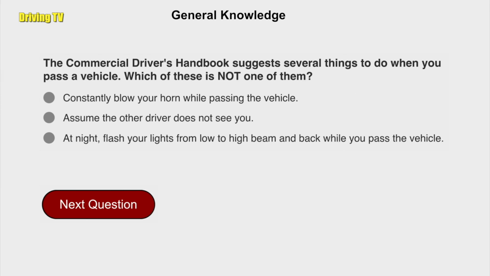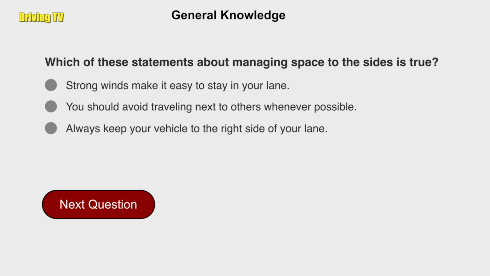The Commercial Driver's Handbook suggests several things to do when you pass a vehicle. Which of these is not one of them? Constantly blow your horn while passing the vehicle. Which of these statements about managing space to the sides is true?